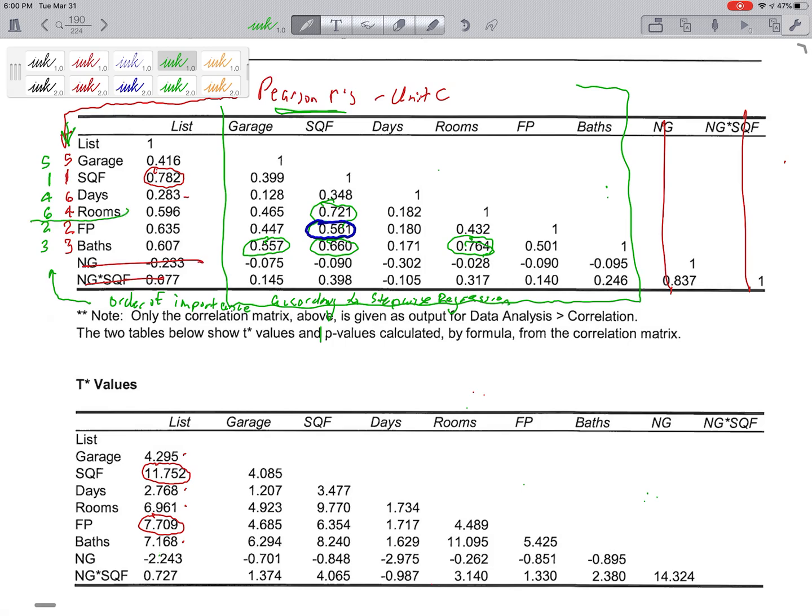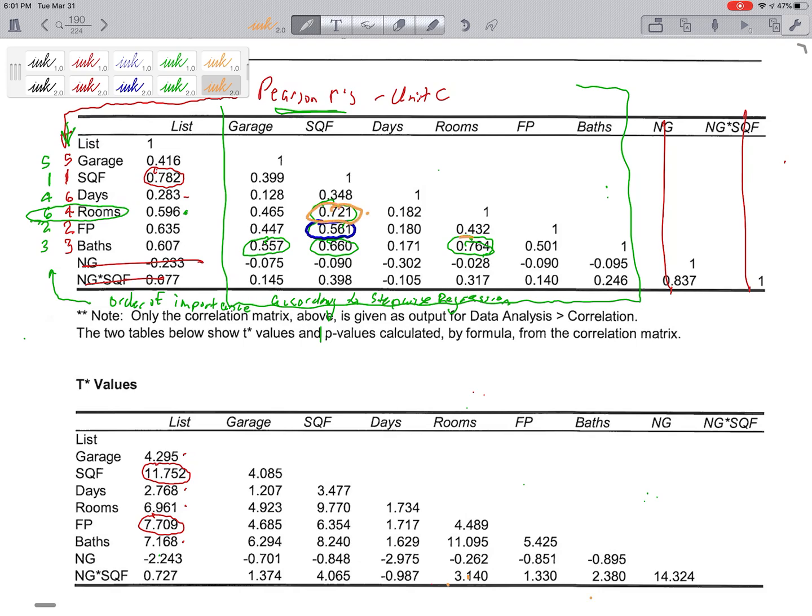And what's interesting is, especially what happens to rooms here, notice that it drops in importance from 4th in the correlation matrix. It had a fairly high correlation with listing price, but it drops down actually to being the most useless variable. And that's because of these guys here, because rooms is highly correlated with square footage.